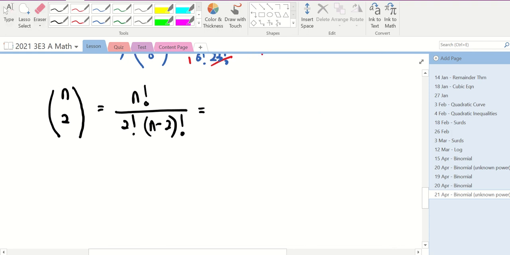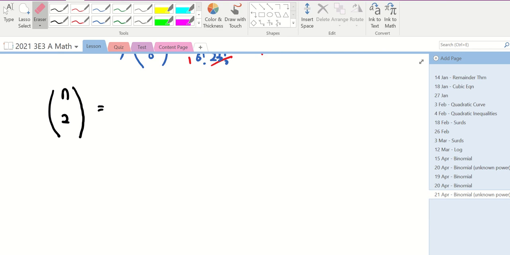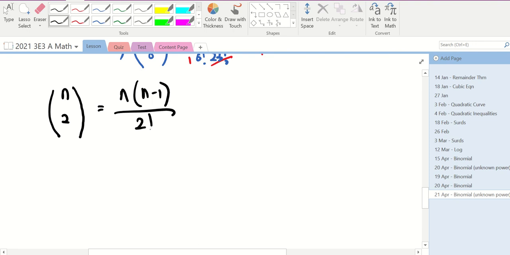For n choose 2, there must be only 2 terms on top, because it's n choose 2. First term is n. The next term must be one number less than n. What is that number? n minus 1. I have 2 on top already, right? Then below, 2 factorial. Finish.